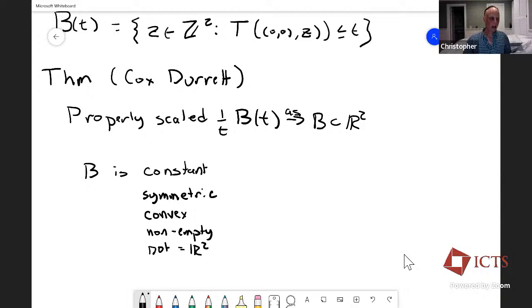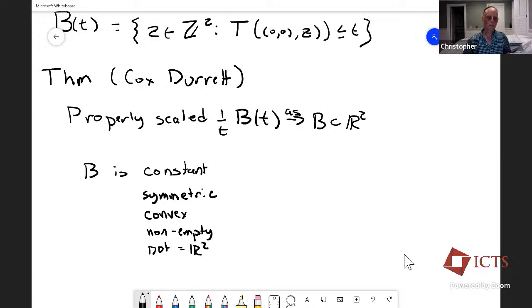So now there have been a number of theorems in first passage percolation that are of the form, if we know something about this set B, then we can say something about the set of geodesics in first passage percolation.